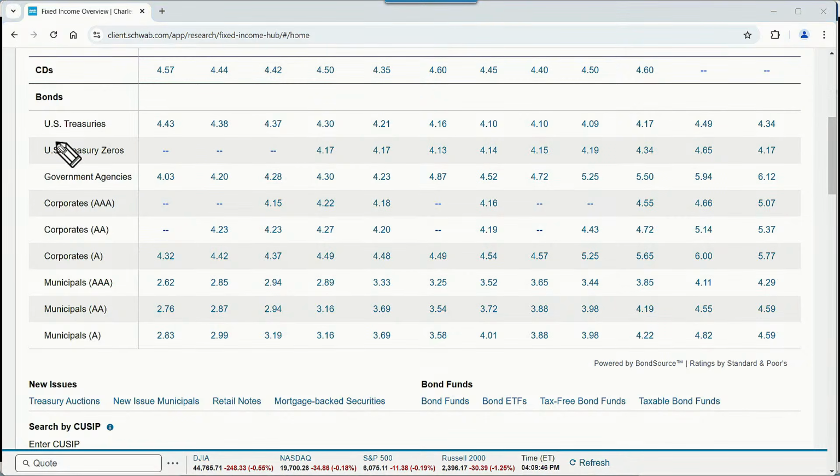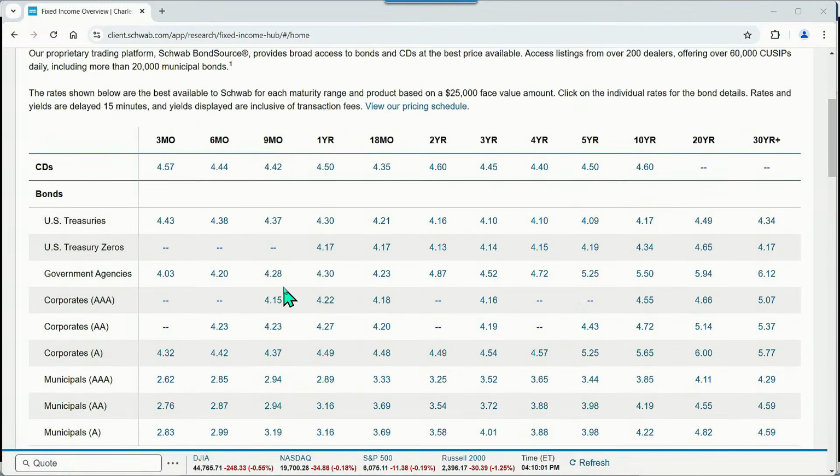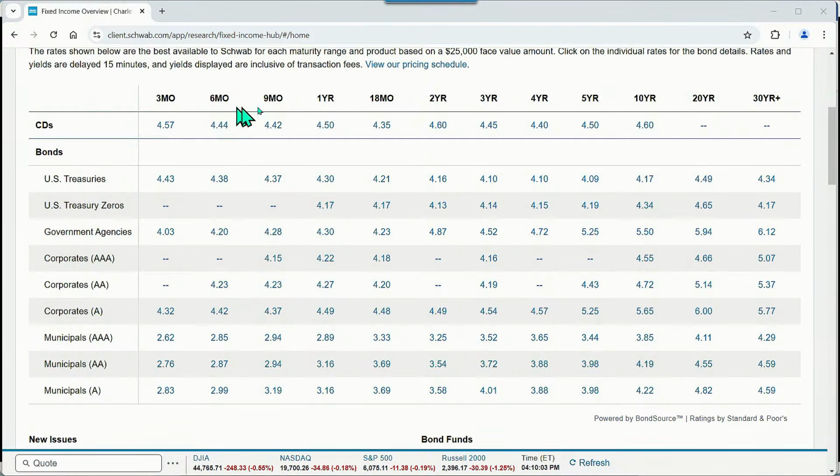And one thing I want you to notice is this. Let's just pick Treasuries here to start. So this would be loans to the US government. Here is the interest rate for whatever term you are looking at. Let me scroll down just a little bit. So here you can see how long it is, okay? And you can see the interest rate.